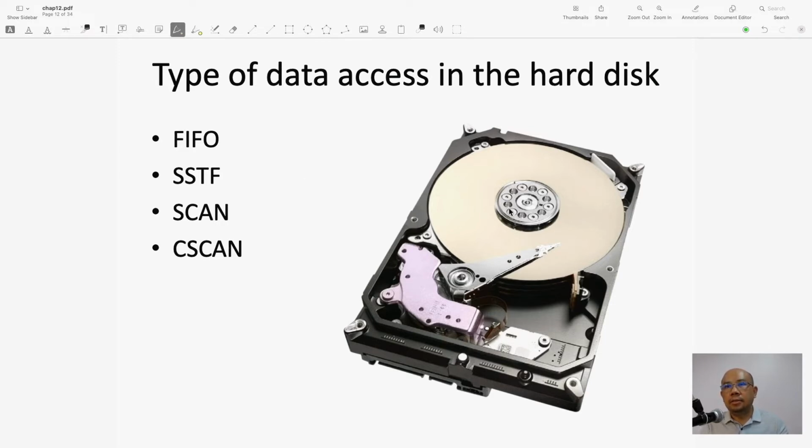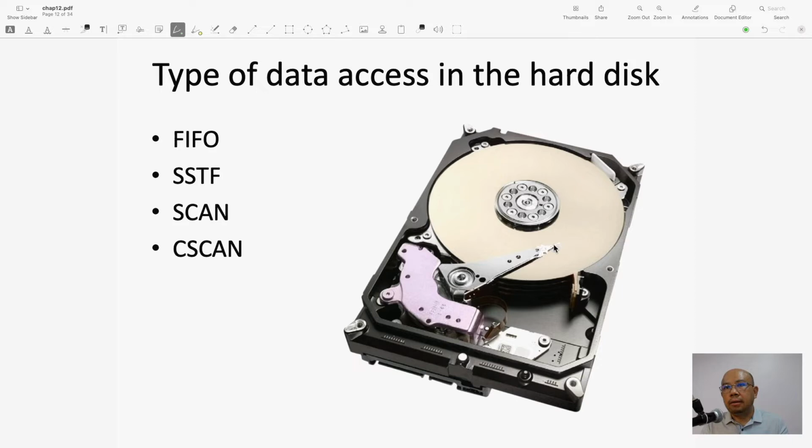But here, inside the hard disk, there is a magnetic paste, and this is the head of the hard disk.